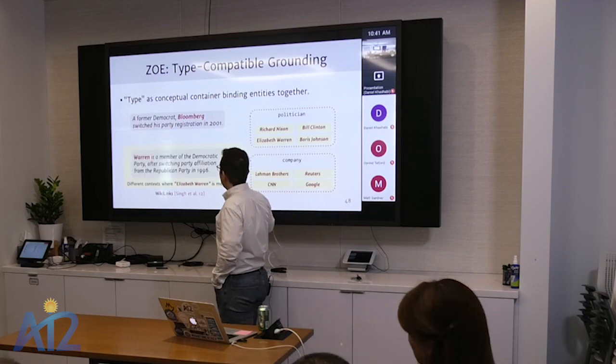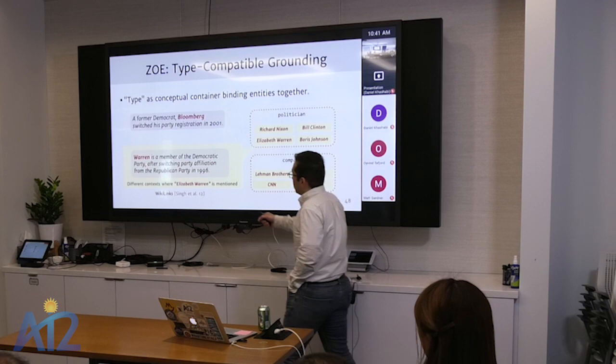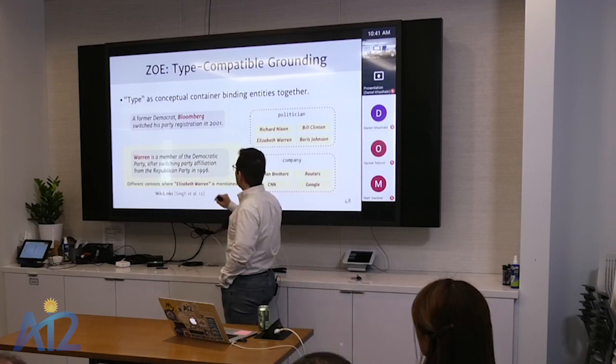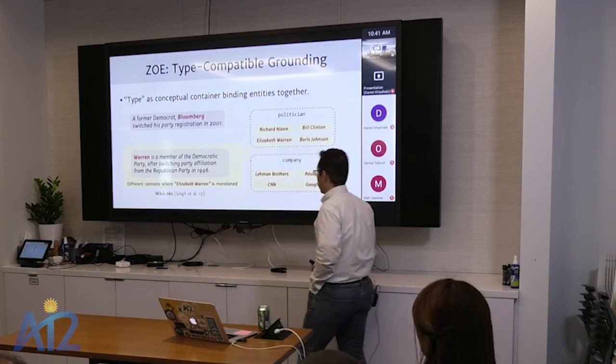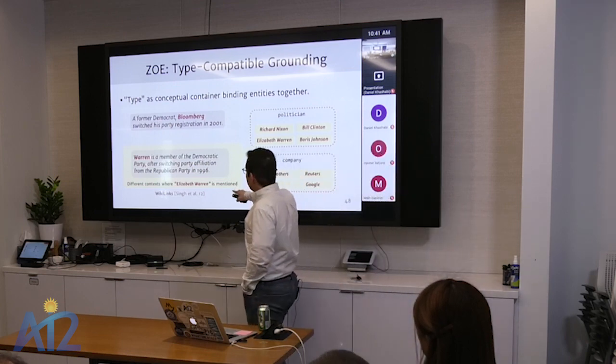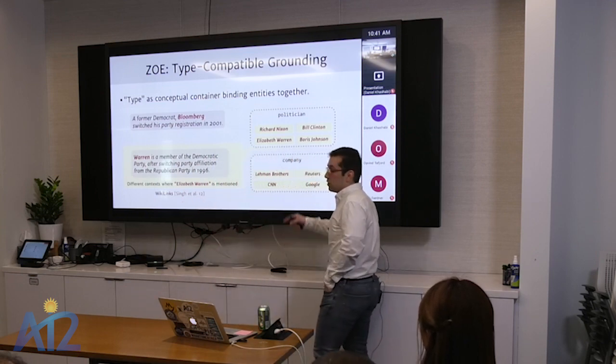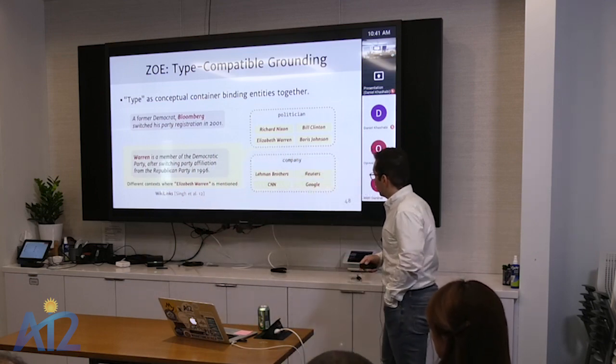For example, I might come across a sentence like this that describes Elizabeth Warren. Warren is a member of the Democratic Party after switching party affiliation from Republican Party in '96. Many people didn't know this. And you can do this because there are resources like WikiLinks. They're available independent of the task that we are solving here.